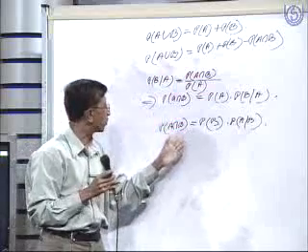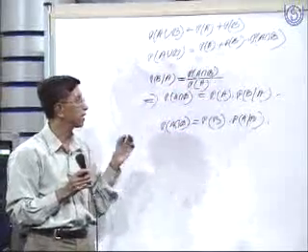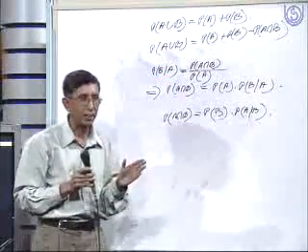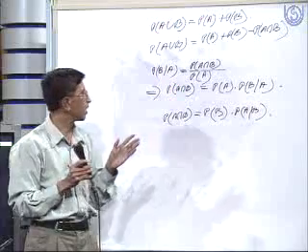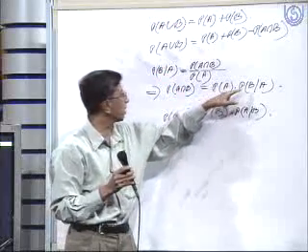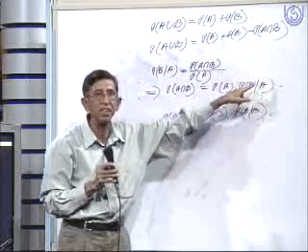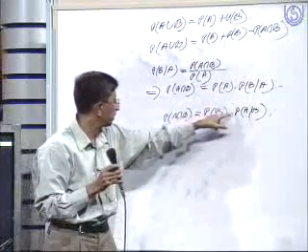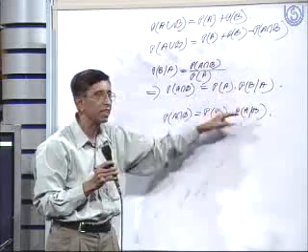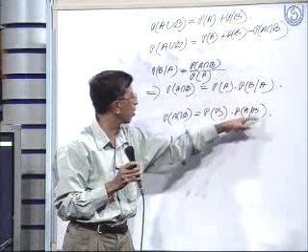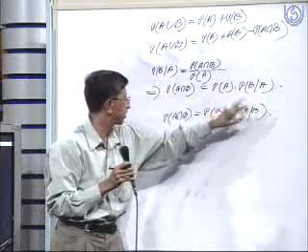Now what we have to bear in mind is that, supposing the two events are independent of each other, then it doesn't really matter whether it's the probability of B given A or simply the probability of B. And similarly, it doesn't really matter whether it's probability of A given B or simply the probability of A. I stand corrected here.